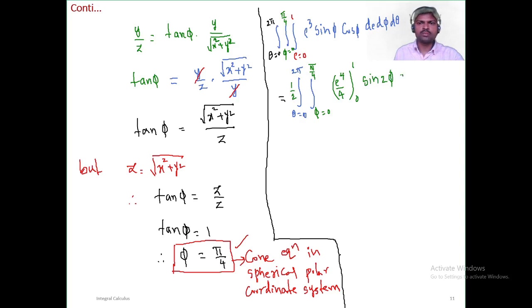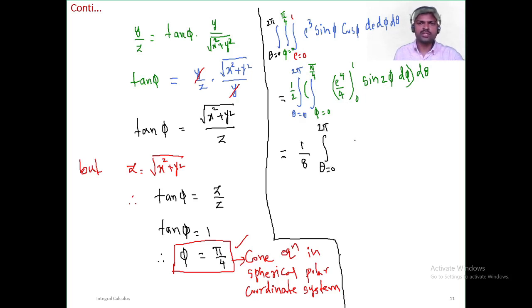Now next with respect to phi, after that with respect to theta. Okay, so phi after theta, right? Next one, so 1 by 2, 1 by 4, total 1 by 8. So 1 by 8 will come out, and integration of theta from 0 to 360 degrees, right? And 1 by 4 is already taken out, so total 1 by 8.